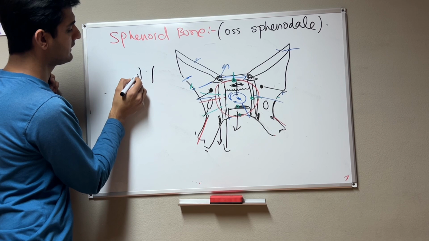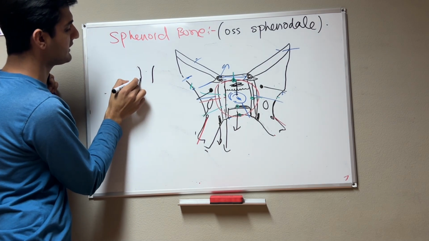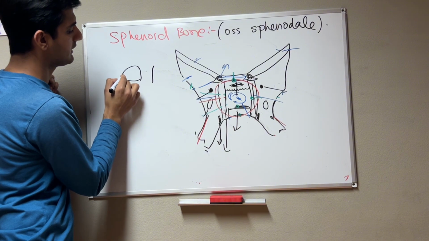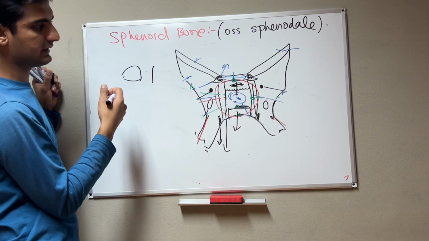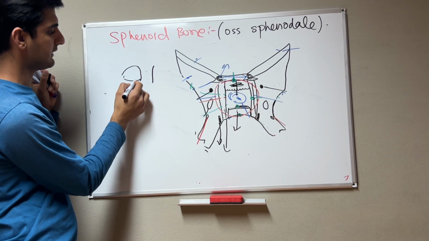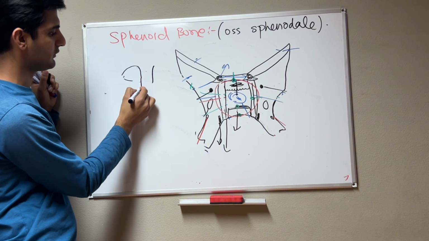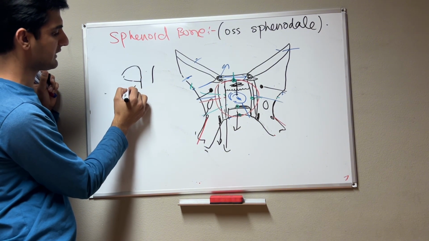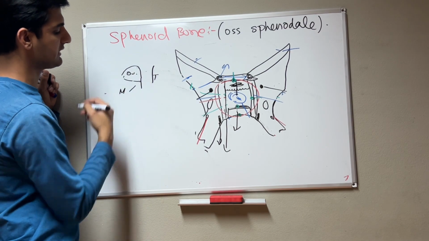This is the orbit. Here is the maxilla bone. This is the maxilla, this is the temporal, and this is the orbital cavity.